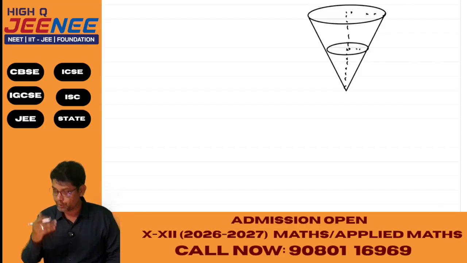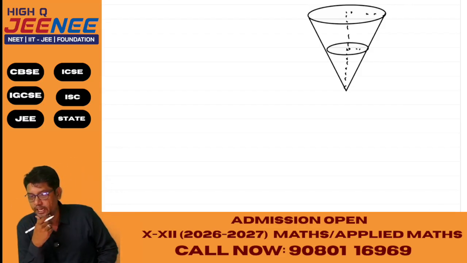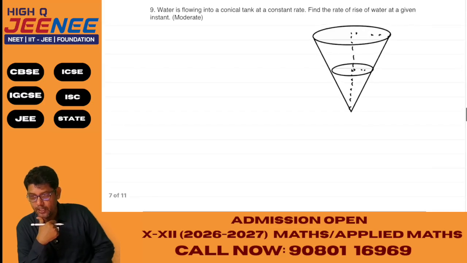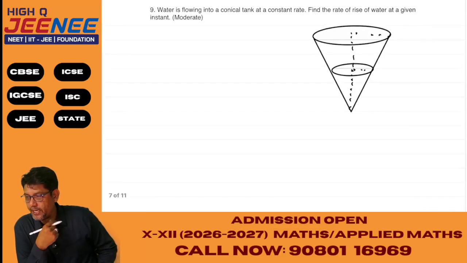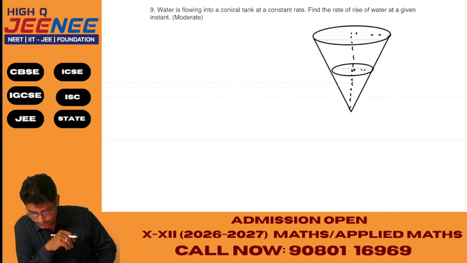First, as usual, we'll be writing. Please write down: let V be the volume, R be the radius of the cone, and H be the height.